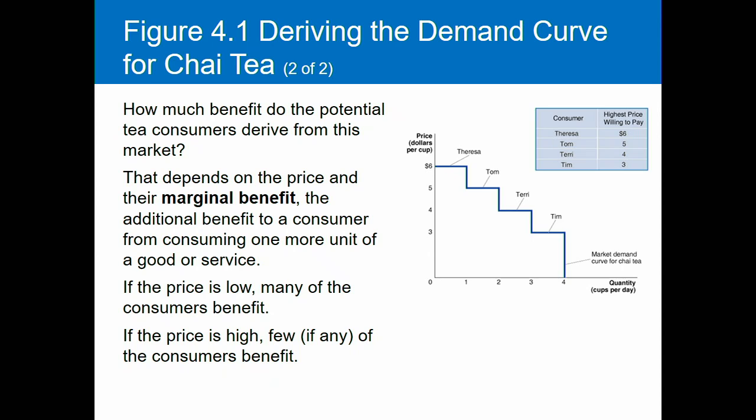So if we have a low price, a lot of consumers are going to purchase, and people like Teresa that value it highly are going to have a much higher consumer surplus. If the price is high, very few people are going to purchase these goods, in this case the tea, and very few, if any, consumers are going to benefit, let alone get a consumer surplus.